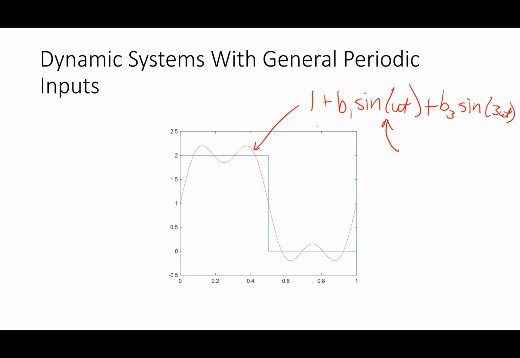He has the same exact frequency as the underlying original wave. I called this the fundamental term, or sometimes we'll just say first harmonic. This guy right here is what I call third harmonic.